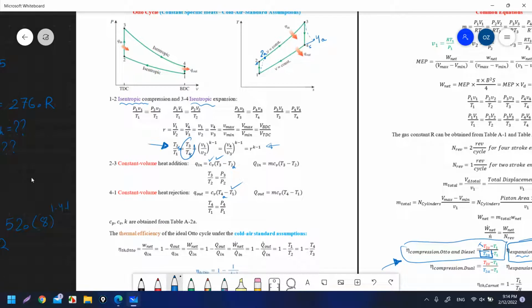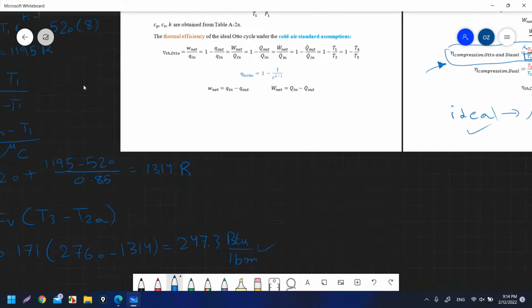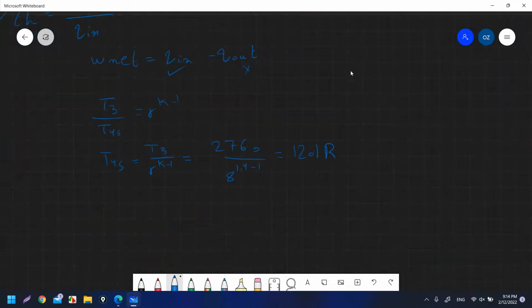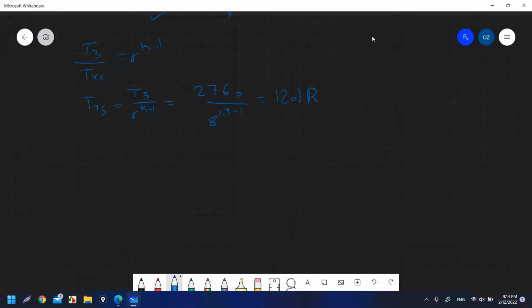The entropy is not constant; S3 is not equal to S4 now. So let's write this equation for expansion: T3 minus T4A over T3 minus T4S.